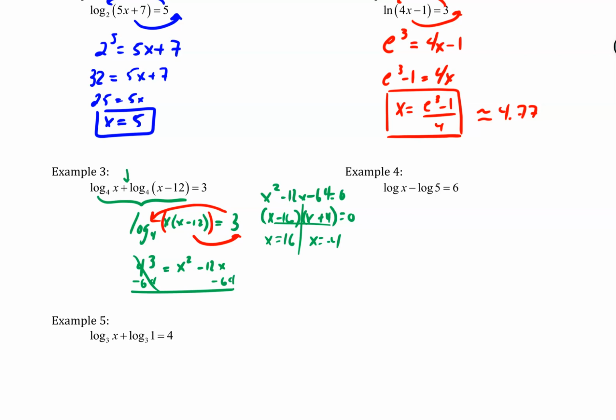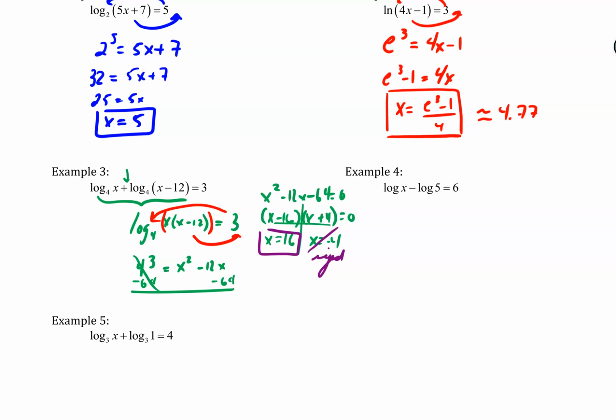Actually, no, that also gives us a negative, but both of them give us a negative term that we have to take the log of. I can't do that. We'll go into that in a little bit more. I'll explain why, but we have to reject this term because I end up trying to take a log of a negative number, which I cannot do. So for this problem here, x equals 16 is my only solution for that one.